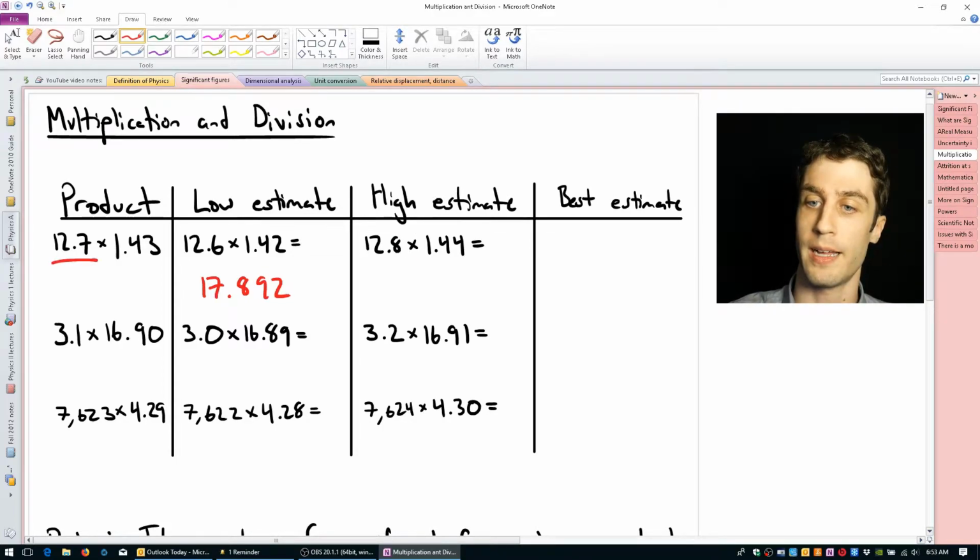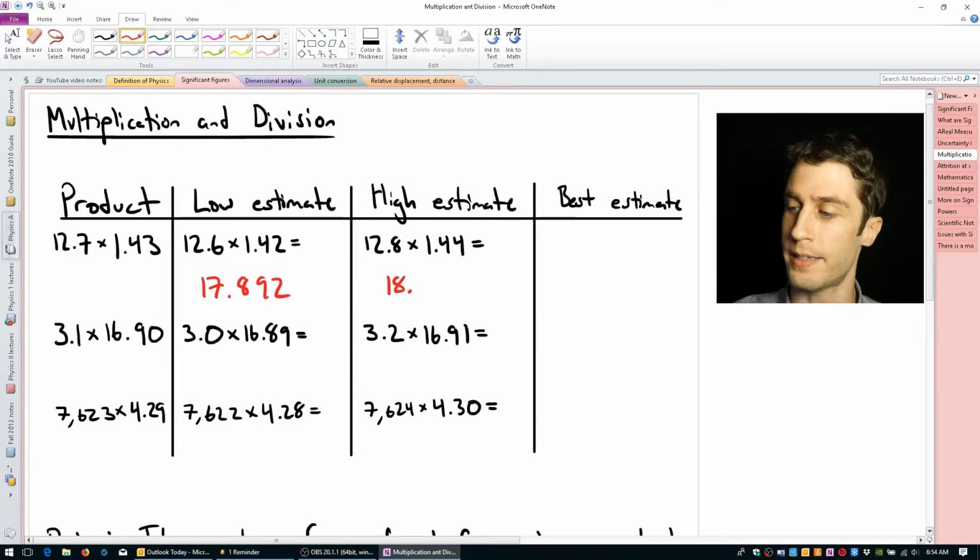Likewise, because there's that uncertainty in the last digit of 1, it could be as large as 12.8 or as large as 1.44. So each of those basically takes the last digit and adds 1 to it. If I take those and multiply them together, I get 18.432.